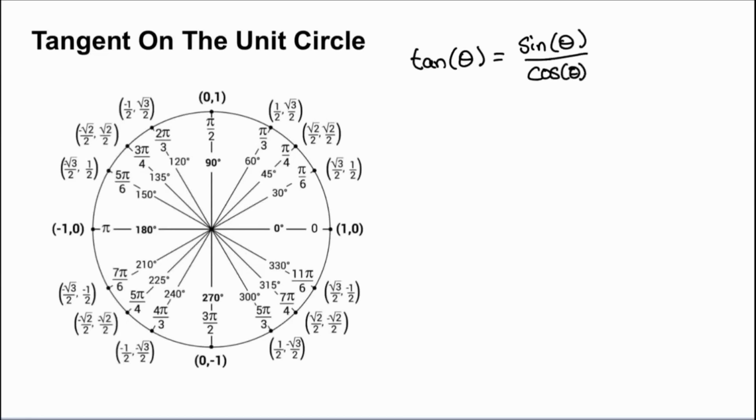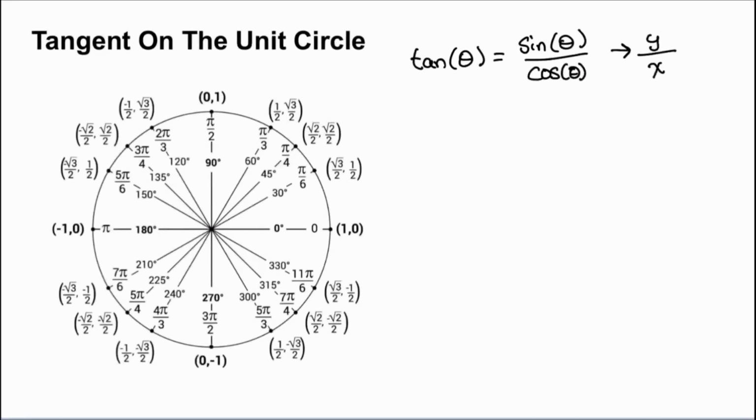So if we know the value of sine theta and cosine theta, it's pretty simple to get tangent theta. We just discussed that sine corresponds with the y coordinate point, and cosine corresponds with the x coordinate point of some given angle. So using that, we can also derive the tangent of any angle on the unit circle.